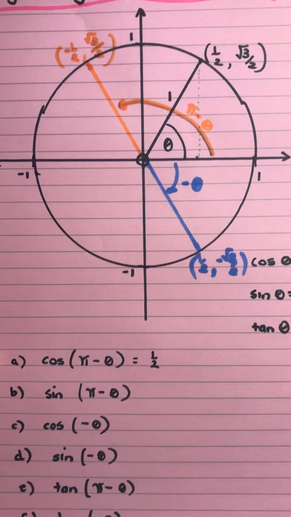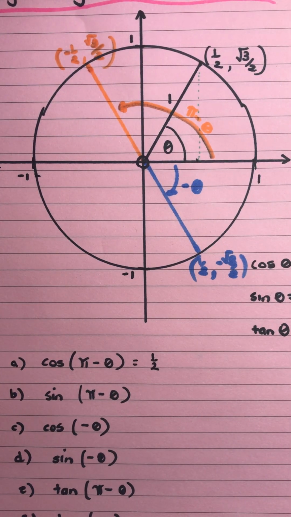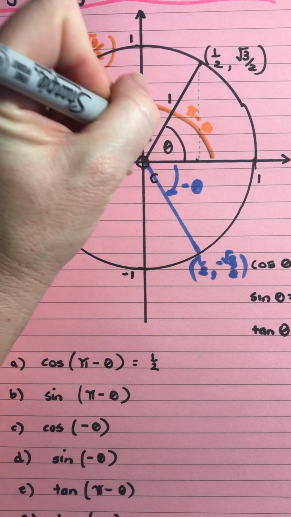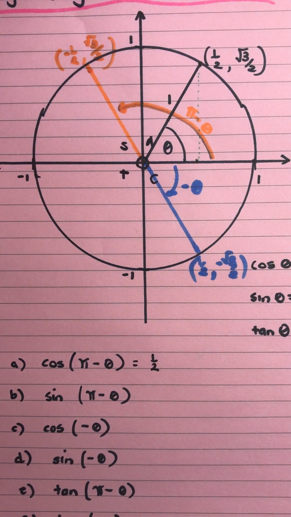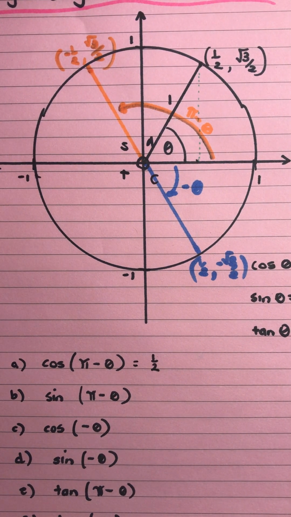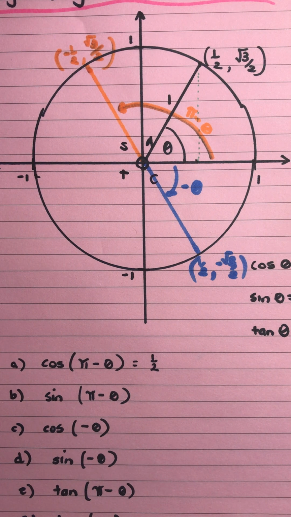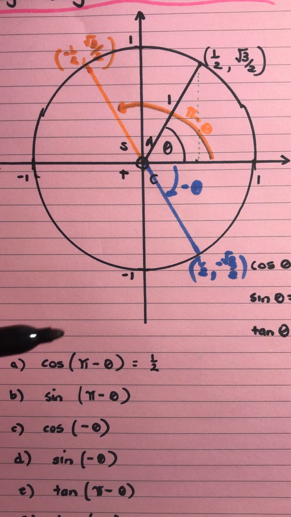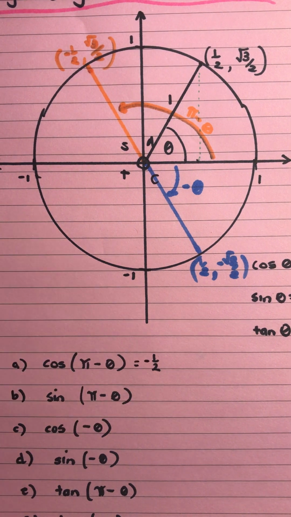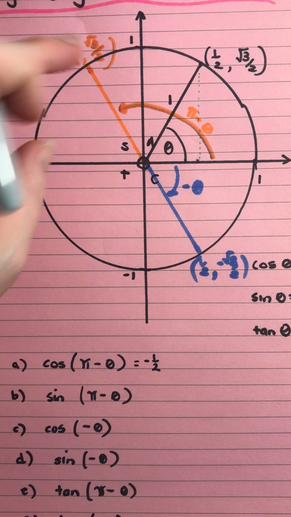Now, if we went back to our understanding of our symmetry, we also would have known it was going to be negative because of our CAST. So we know that in that quadrant cos is going to be negative, and it would be the negative of whatever it would have been in the first quadrant. And because we knew it was going to be the half over 1, which is a half, we can say then it will be negative a half for the one in the second quadrant there.